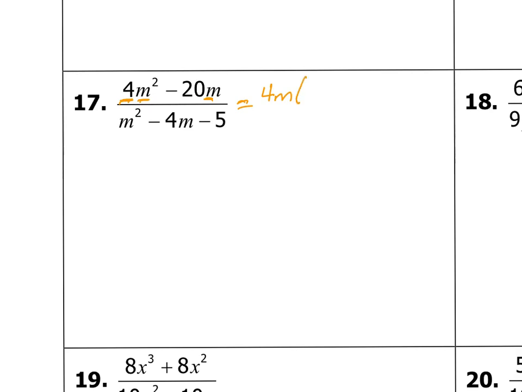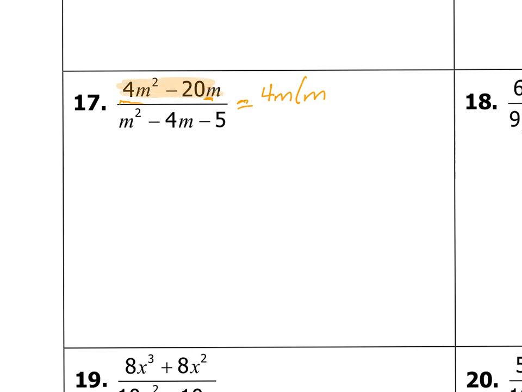If I take 4m out of 4m squared, what do I have left? Remember what factoring is. It's unmultiplying. So if I multiply 4m times m, I better get 4m squared. And that's what I'm looking for. If I multiply this back out, I should get this right here.